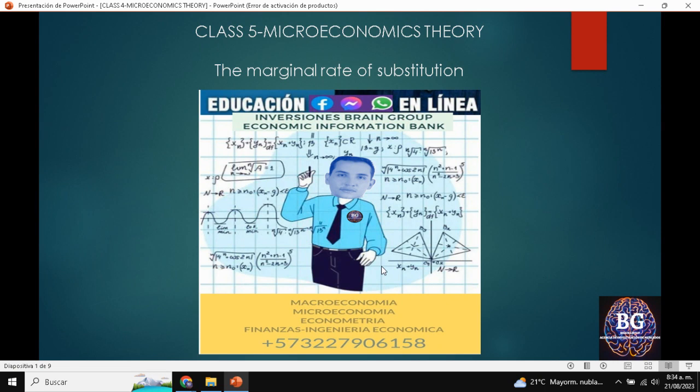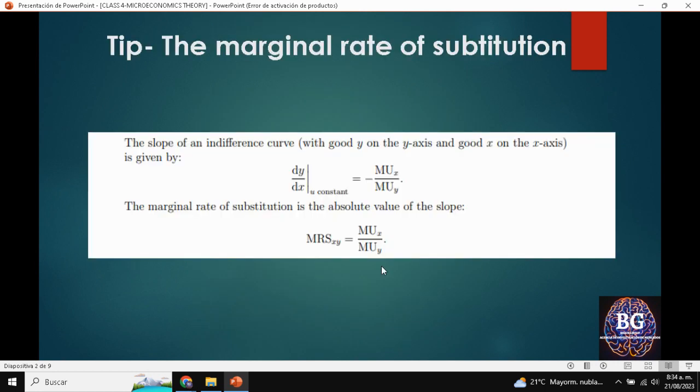Class 5, microeconomics: studying the marginal rate of substitution. The marginal rate of substitution is the slope of an indifference curve. With Y on the y-axis and X on the x-axis, it is given by dY divided by dX, where U is constant.